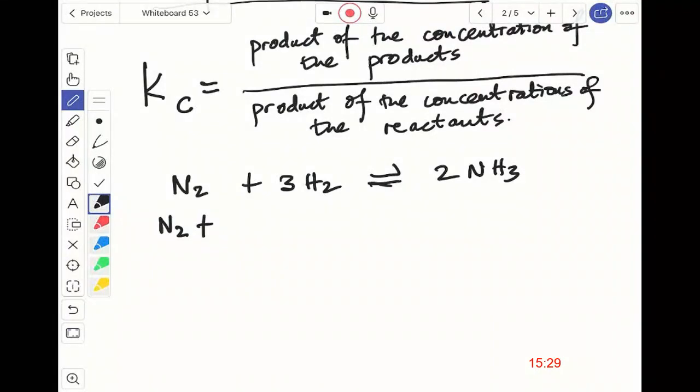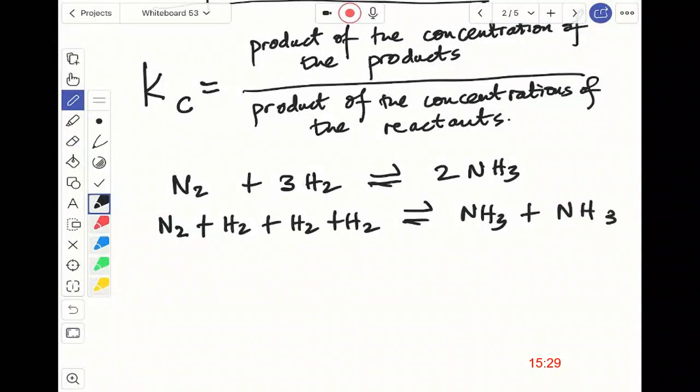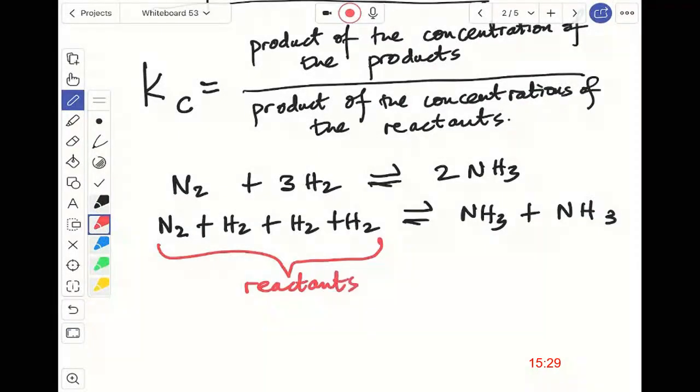In other words, that is H2 plus H2 plus H2, and that gives me NH3 plus NH3. So these are my reactants, and these are my products.